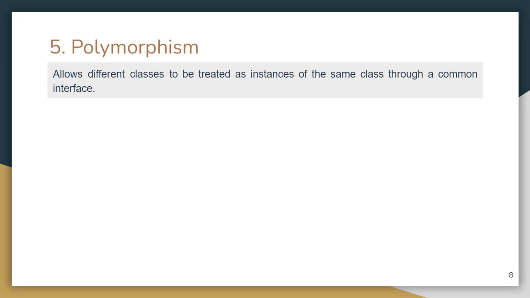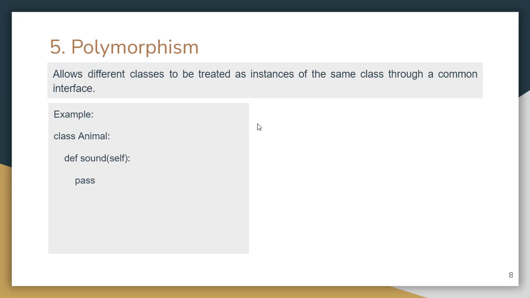This is called overriding: we can override a base class method in a derived class. We can redefine a base class method inside the child class.